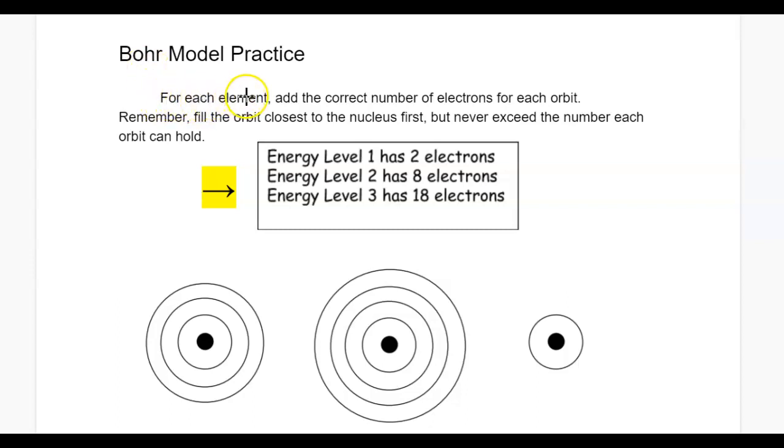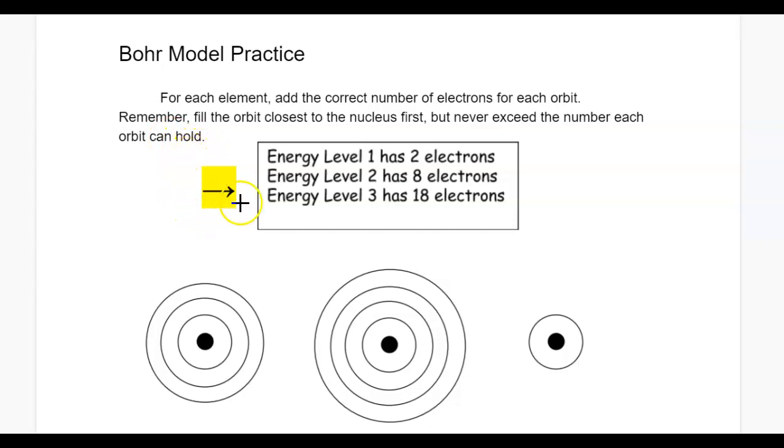For each element, add the correct number of electrons for each orbit or each energy shell, okay? Remember, fill the orbit closest to the nucleus first, but never exceed the number each orbit can hold.